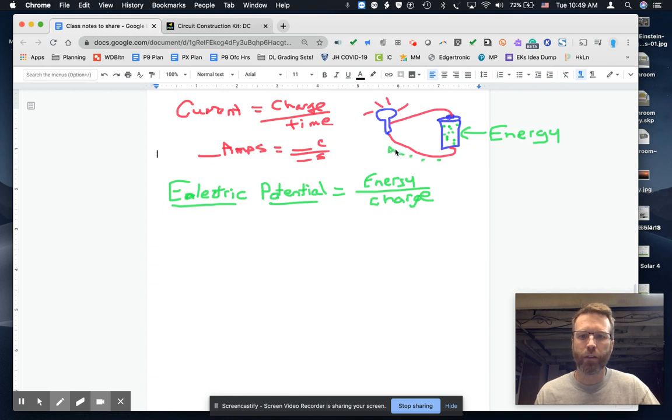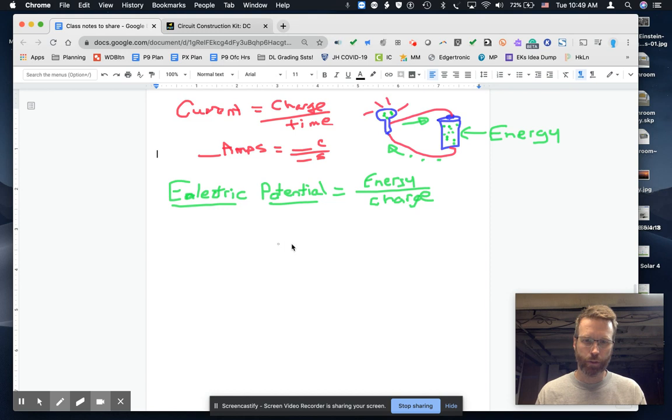They travel out the negative side of the battery and back around, and in the process they go through the filament and we end up with light. But electrons travel because there is energy available to them, and we measure that energy per charge as a ratio called electric potential.